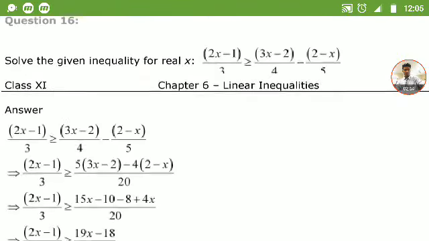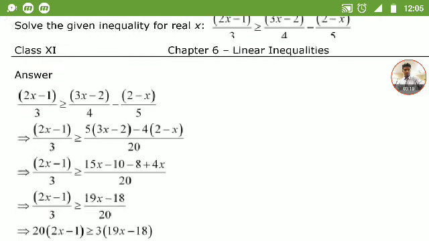Then moving on to question number 16, we have the same thing. You have to take the LCM. Just keep one thing in mind, that you don't just cross multiply things, because cross multiplying might get your numericals wrong. Just take the LCM and bring everything to LHS.